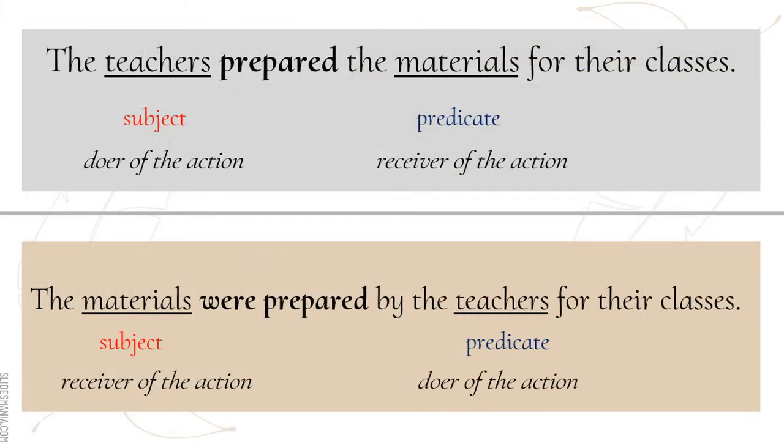So, in here, you can clearly see that the doer of the action in the first example is the subject, thereby making it an active voice. However, in passive voice, the subject materials is actually the receiver of the action and not the doer of the action. The doer of the action in passive voice is not the subject.